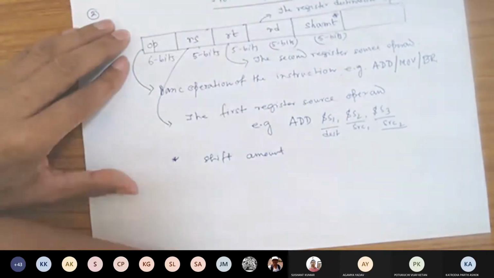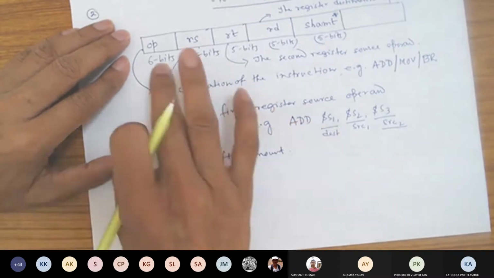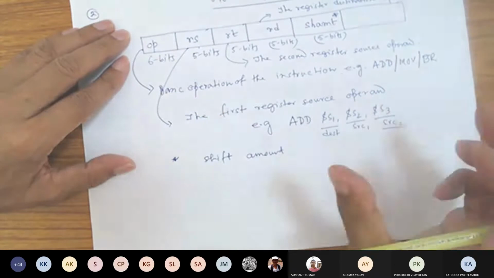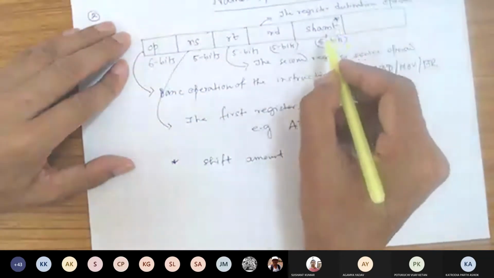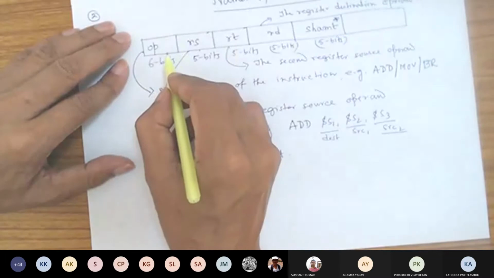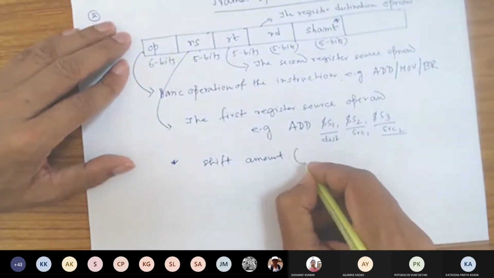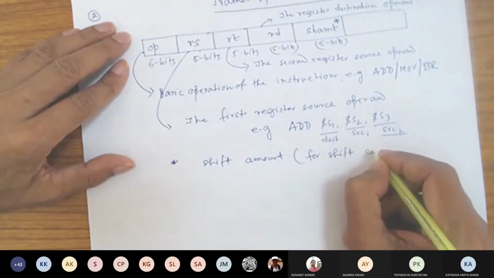It will be used in logical operations, because there is an instruction called shift. That shift requires how much amount of shifting is needed. So that's why this is a special field. It will be activated only when the opcode is shift. We will discuss it later on. This is for the shift opcode.